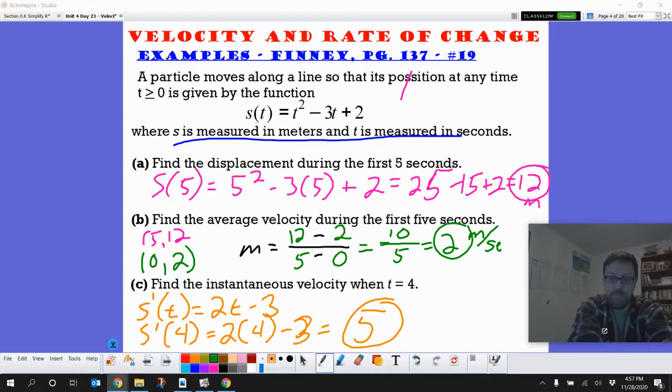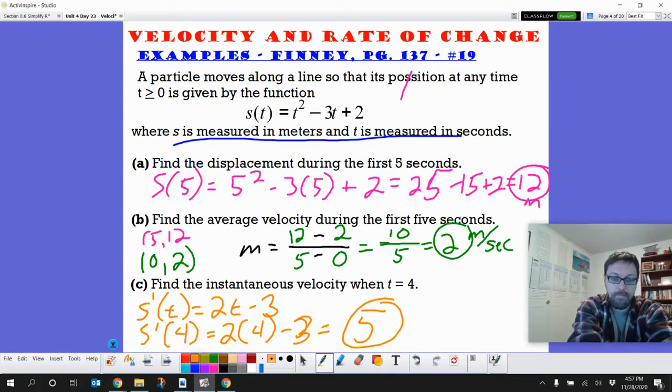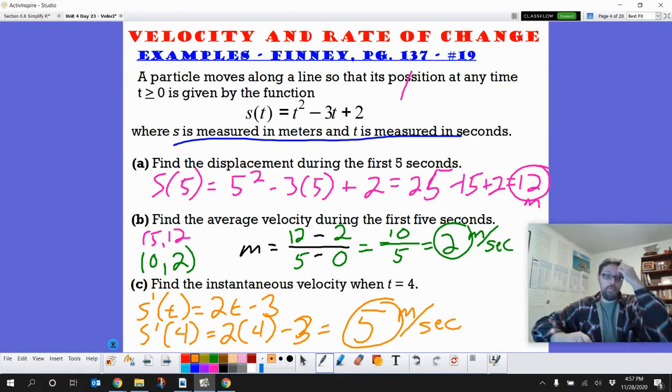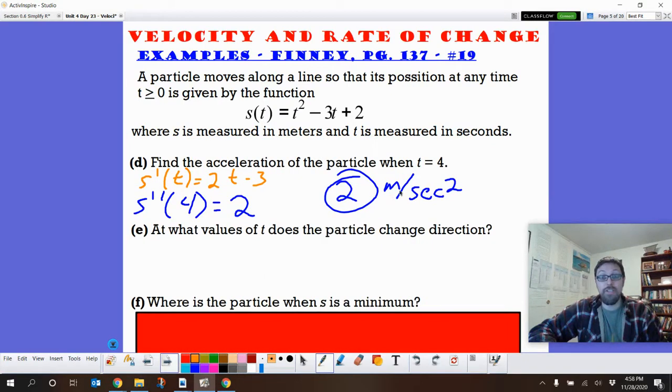Same thing for the instantaneous velocity: it's 5 meters per second. While it was going at different speeds along those 5 seconds, its instantaneous speed at t equals 4 is 5 meters per second. Its acceleration is meters per second squared because we've taken the second derivative, so it's meters per second per second.